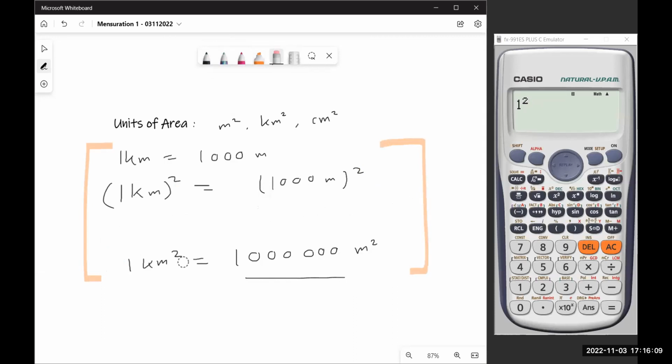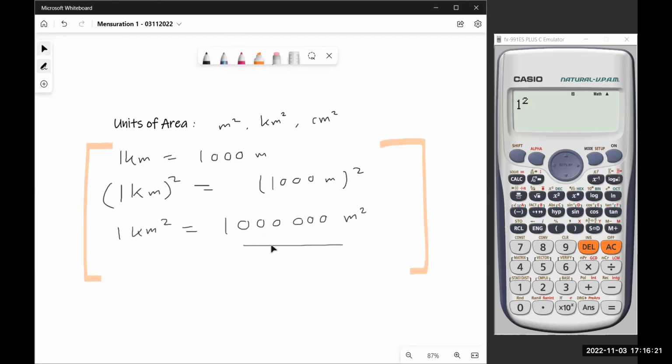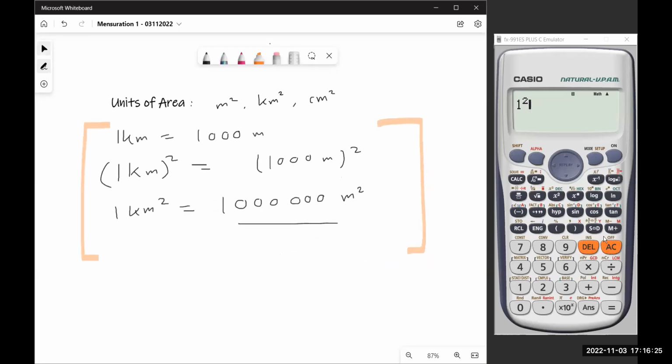Rani, any questions? Najla? No, sir. All you're doing is squaring both the sides. Now I can use my calculator to square as well. 1,000 squared. How much is it? 1 million. That's the answer.